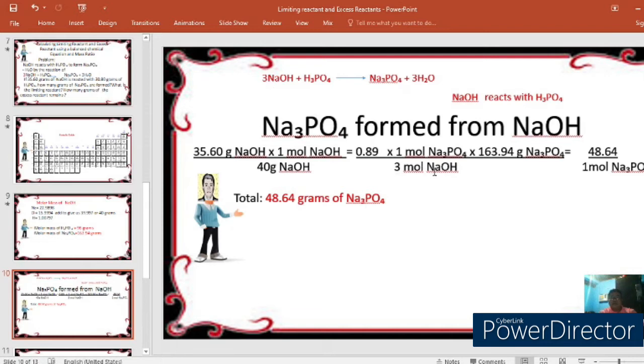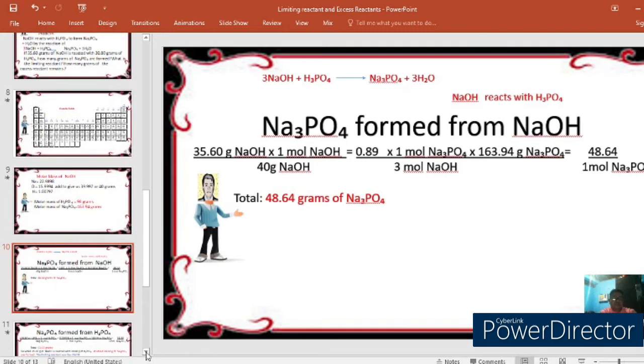So 3 mole sodium hydroxide times 163.94 grams, the molar mass of sodium phosphate, to give us 48.64 grams of sodium phosphate.